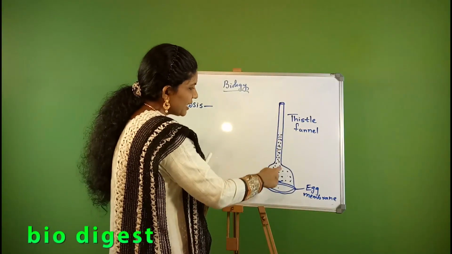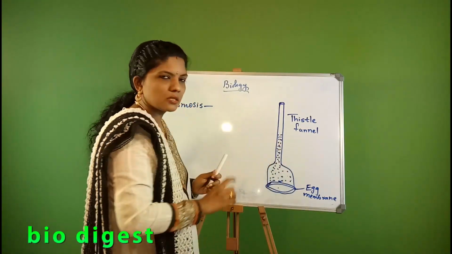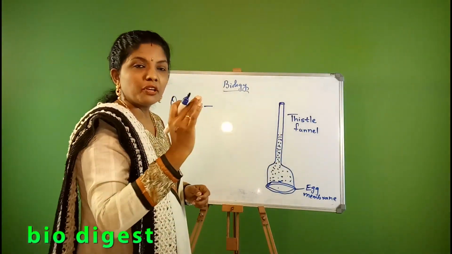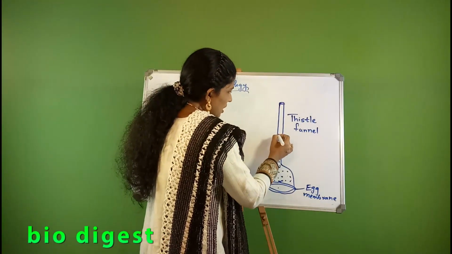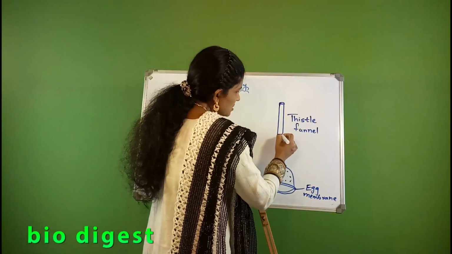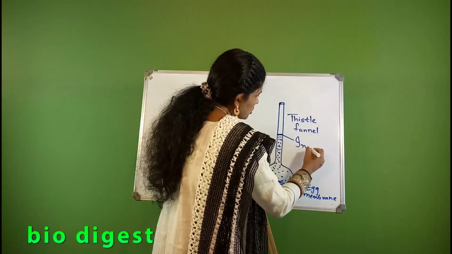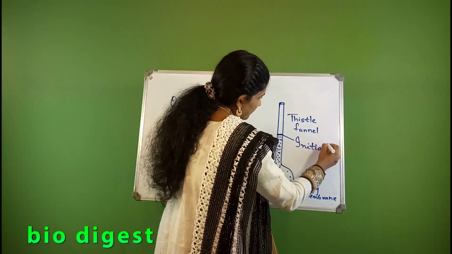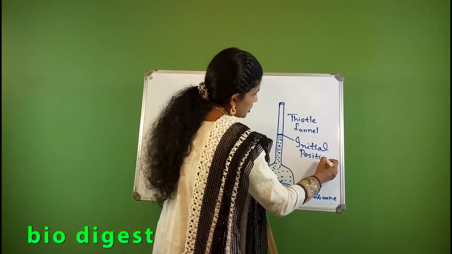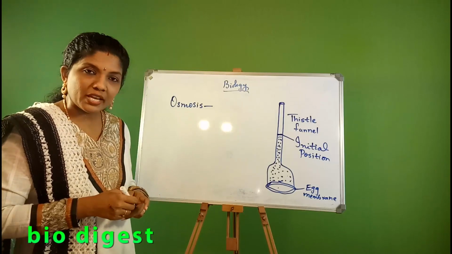So we fill that sugar solution into this thistle funnel up to a certain limit. Then the level of the sugar solution is marked by using a marker pen like this. So this is the initial position of the sugar solution. Initial position means the beginning position of the sugar solution.